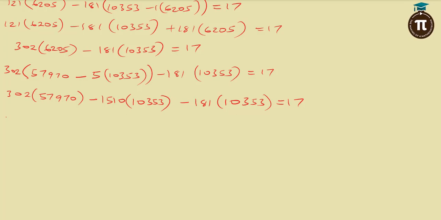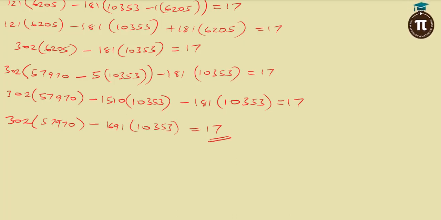So this is 302 times 57970, minus 1510 minus 181, which will give me minus 1691 multiplied by 10353 is equal to 17. So I'm done, since this is what I have.